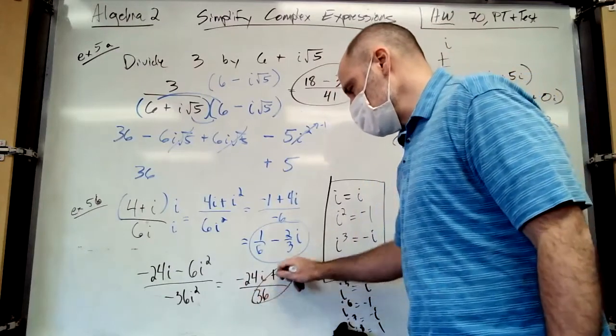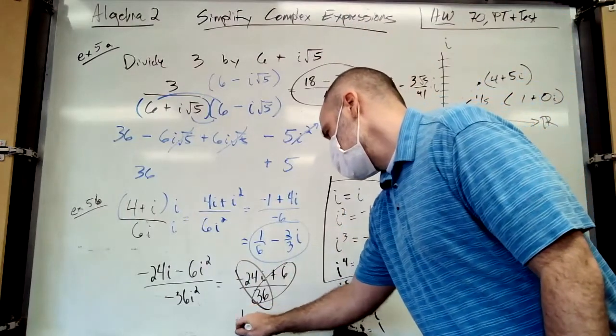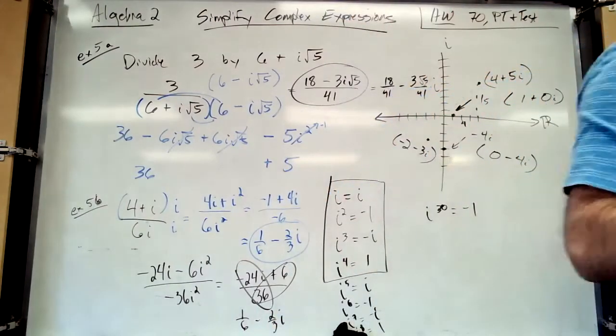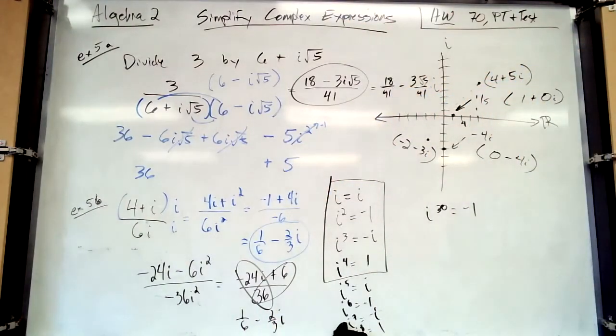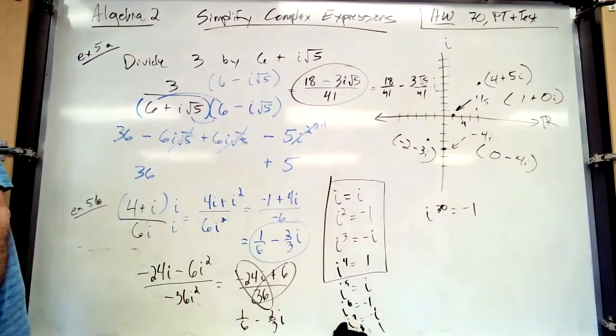Two separate fractions, you would have gotten 1/6 minus 2/3 i. There's nothing wrong with doing what you guys suggested. It just makes it a little bit more complicated. All right, that is that lesson. Let's move on.